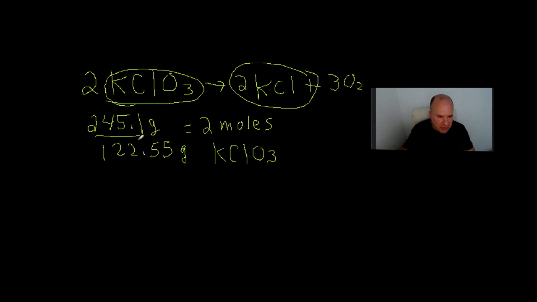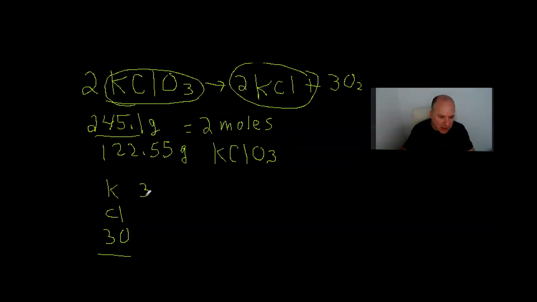Well, what we did first, we divided 245.1 grams by the mass of the potassium chlorate. And to get the mass again, we added the mass of potassium from the periodic table, we added the mass of chlorine from the periodic table, and 3 times the mass of the oxygen on the periodic table.